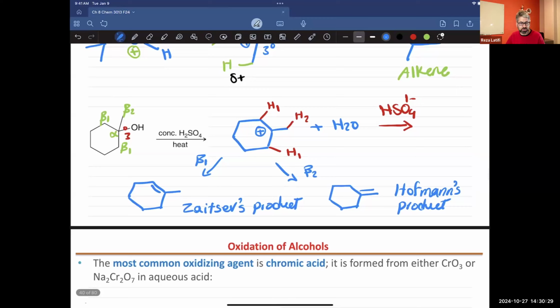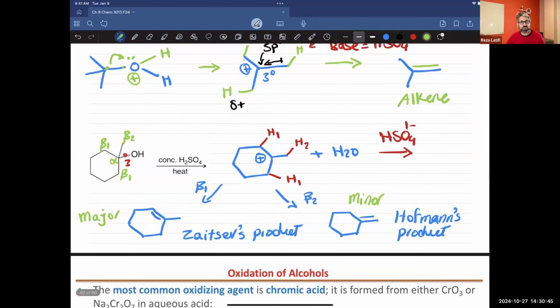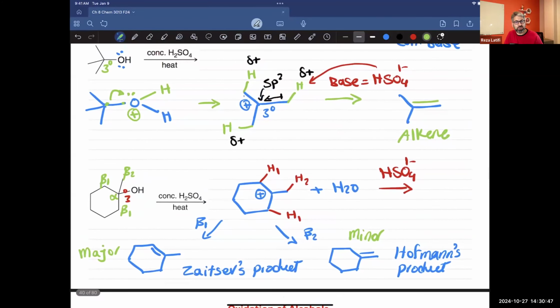So we get two products. Which one is more stable? The Zaitsev product is more stable, thermodynamically more stable. So this one will be the major one, and this is going to be the minor product. And I'm going to stop the lecture here, and thank you very much.